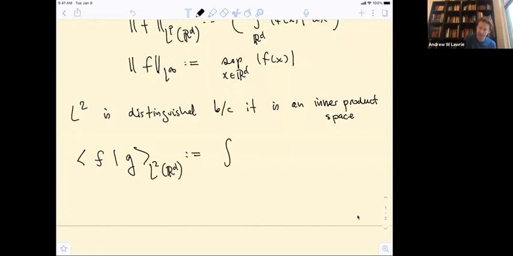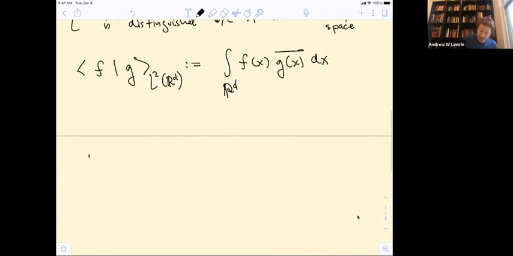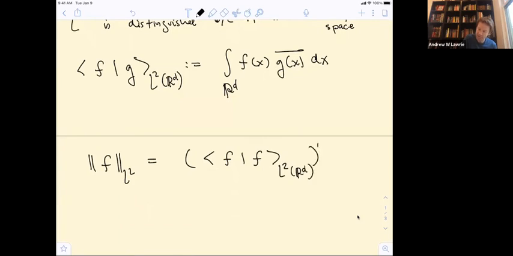This is just an integral. We can allow our functions to be complex valued, and then it's just the pairing of f by g bar. And then the L2 norm is given by taking f, pairing it with itself, the L2 inner product with itself, and then taking the 1/2 power.